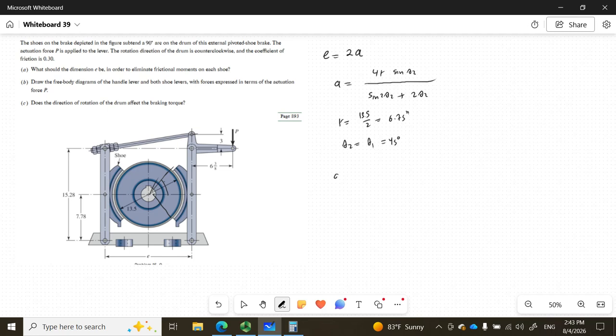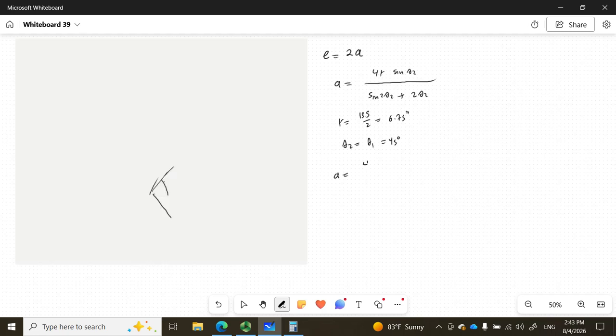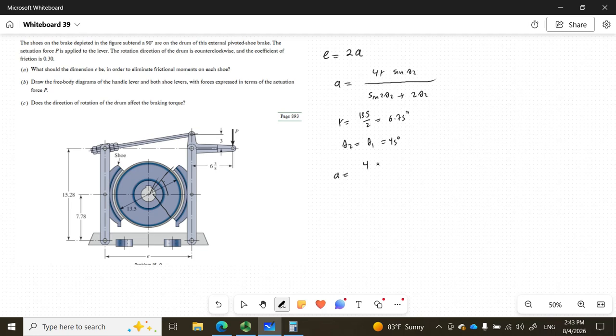So A equals 4 times radius 6.75 inches times sine of pi over 4, like theta 2, divided by sine of 2 times pi over 4, which is pi over 2, plus 2 times pi divided by 4.